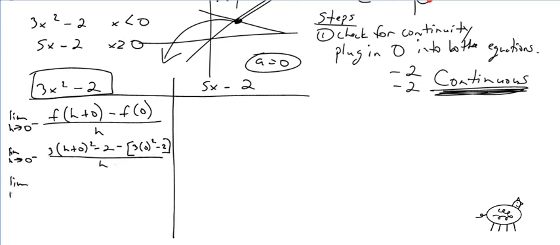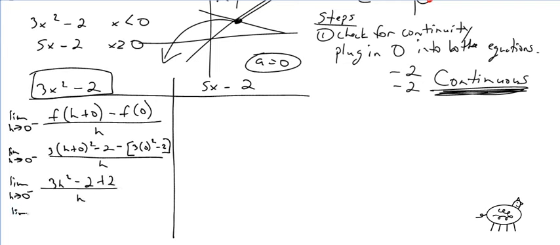Okay, so that h plus 0, is that just h? So I really get 3h squared minus 2. That 3 times 0 squared is 0, so that's plus 2 over h.